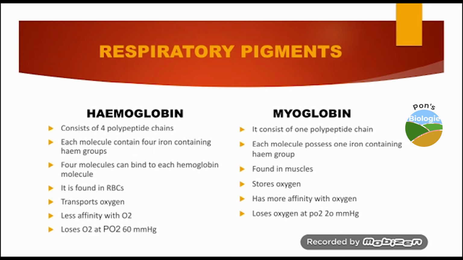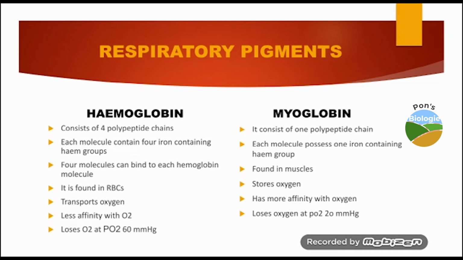Hemoglobin consists of 4 polypeptide chains, whereas molecule of myoglobin consists of 1 polypeptide chain. Hemoglobin molecule contains 4 iron containing heme groups, but in myoglobin molecule only 1 iron containing heme group is present.